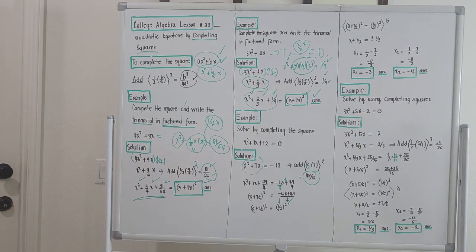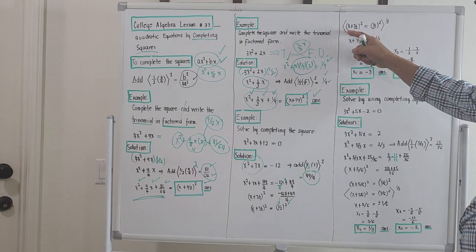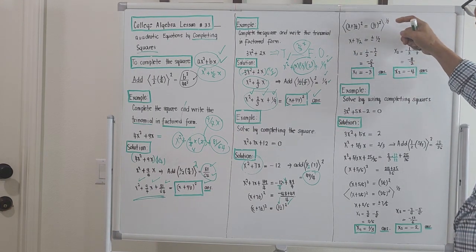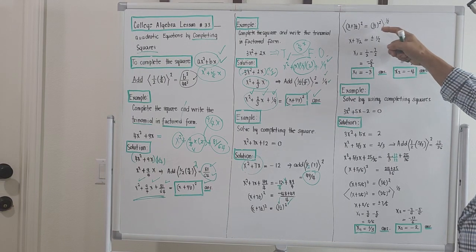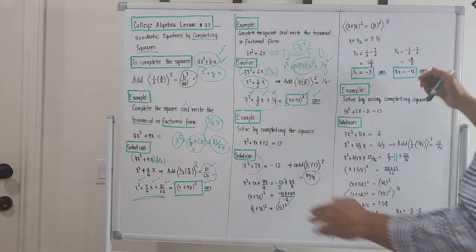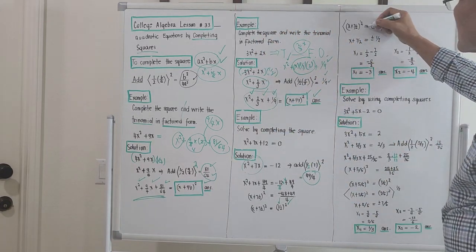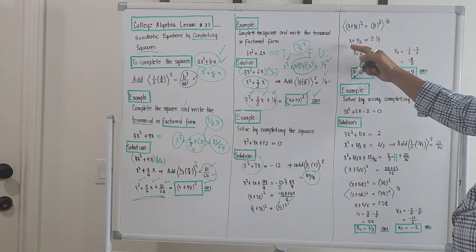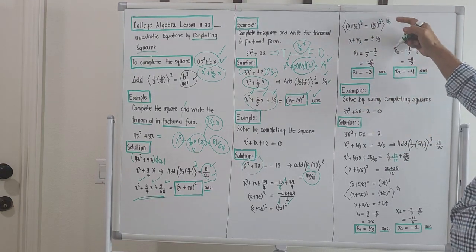And the next step now is actually the last topic, that is by taking the square root of both sides. So we rewrite it, and we raise that to the 1/2 power, because the inverse of 2 will be 1/2. So if we try to expand this one, this 2 cancels with this, and this 2 cancels with this. So what remains on the left will be x plus 7/2, no more 2, because there is a 1/2 here.